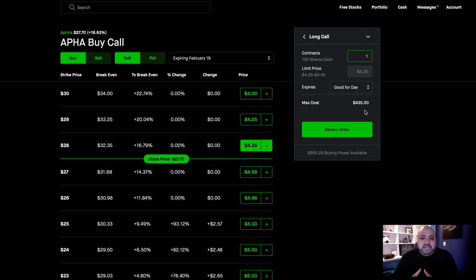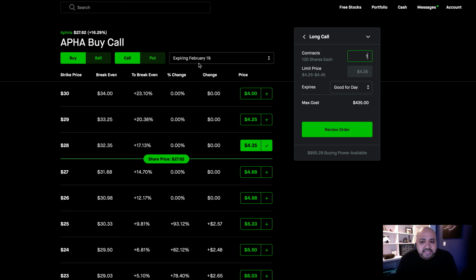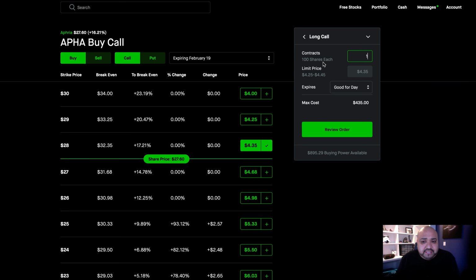Again, there's more money involved where you have to fork out. For example, I have to fork out $435 and hope that the share price hits the 28 mark by the expiration date. If I'm correct, then you are going to get paid a certain percentage times 100 shares.